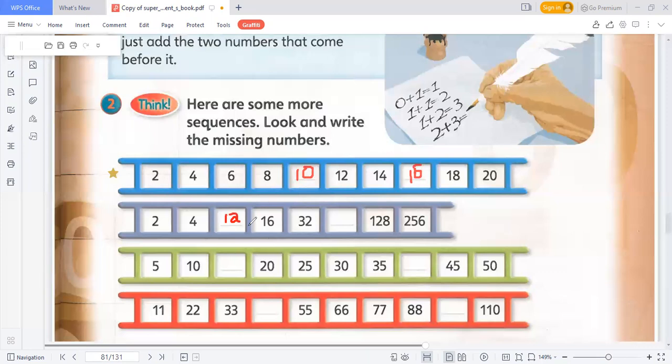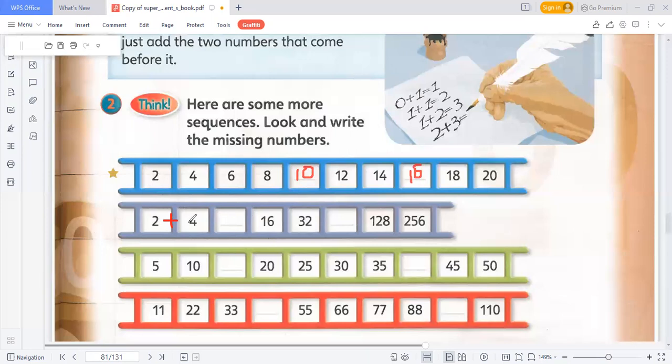So I don't think so. Let me erase this one. Okay, so we have 2. If we add 2 plus 4, that would be 6, right?